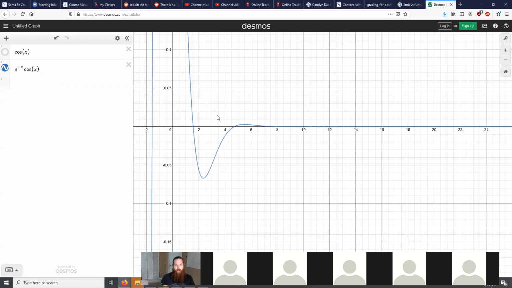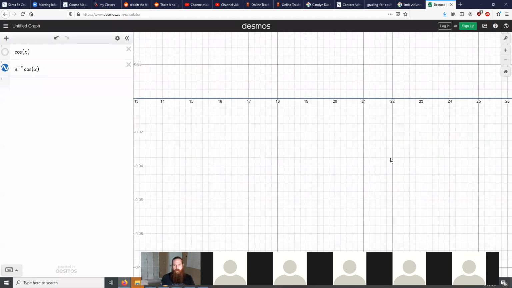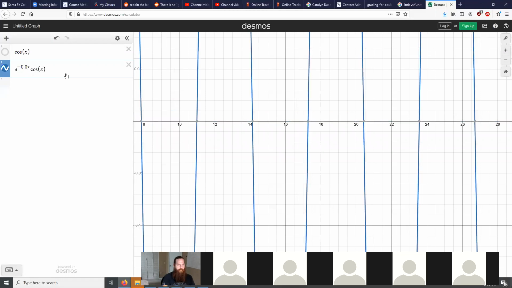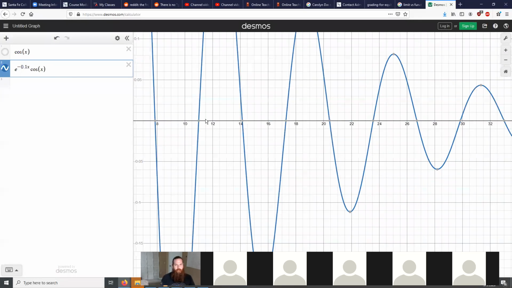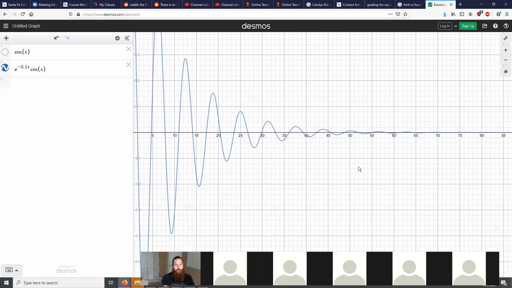So what this e to the negative x piece does is it takes your cosine wave and it smushes it onto the x-axis. Here it's really doing it quite quickly. So maybe if I wanted to, I could make this like this to help you see it. All right, you see the cosine wave here getting smushed down.